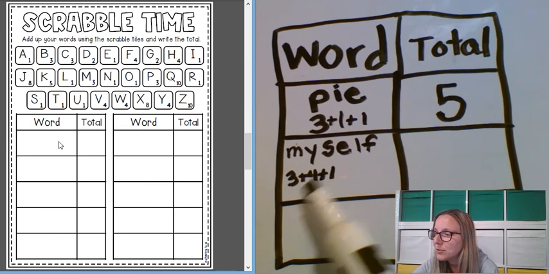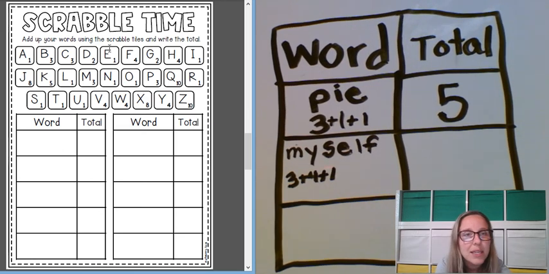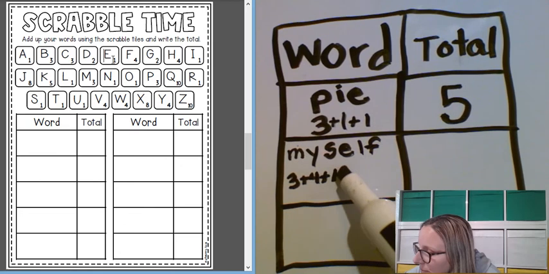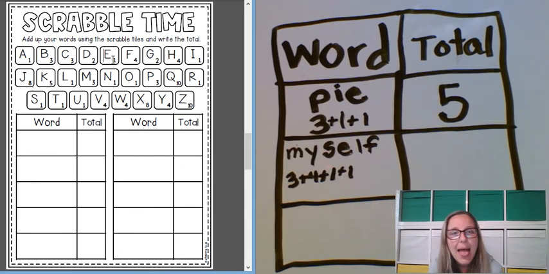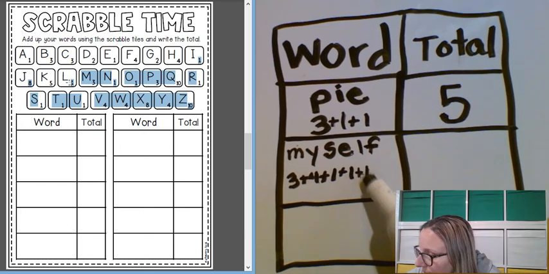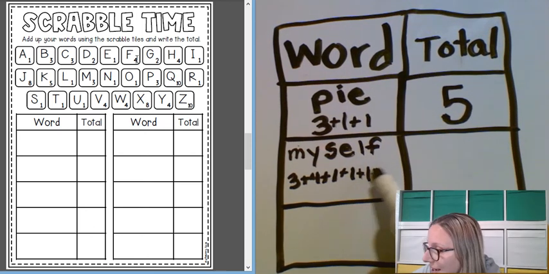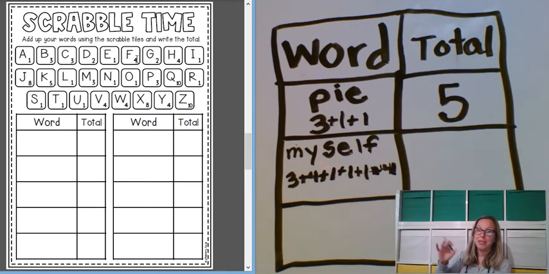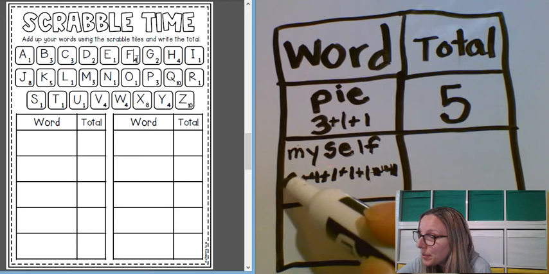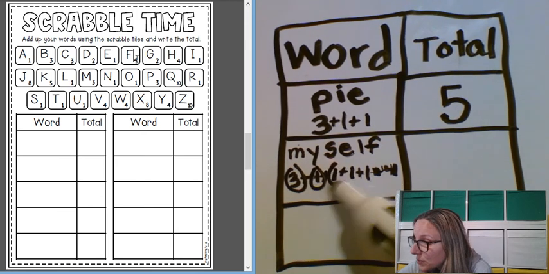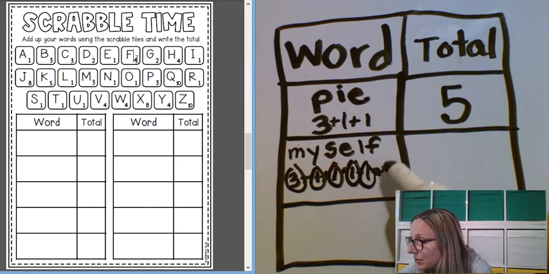So I have 3 plus 4 plus 1. Our E was 1, so plus 1. L is 1. So we can do another plus 1. And our last letter is F, which is 4. So now, and if you need to do this on a separate sheet of paper, by all means do, we have 3 plus 1 plus 1 plus 1 plus 1 plus 4.